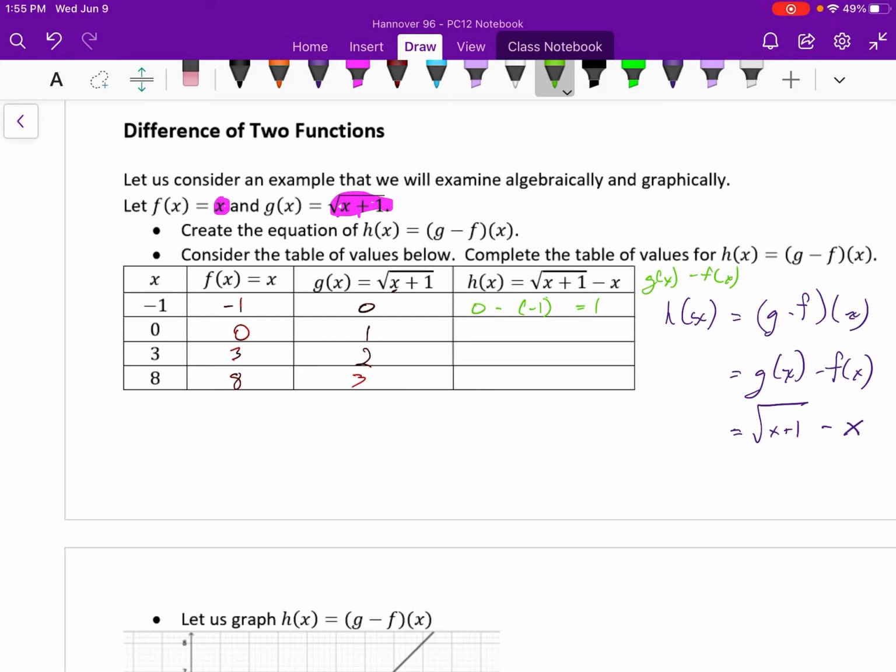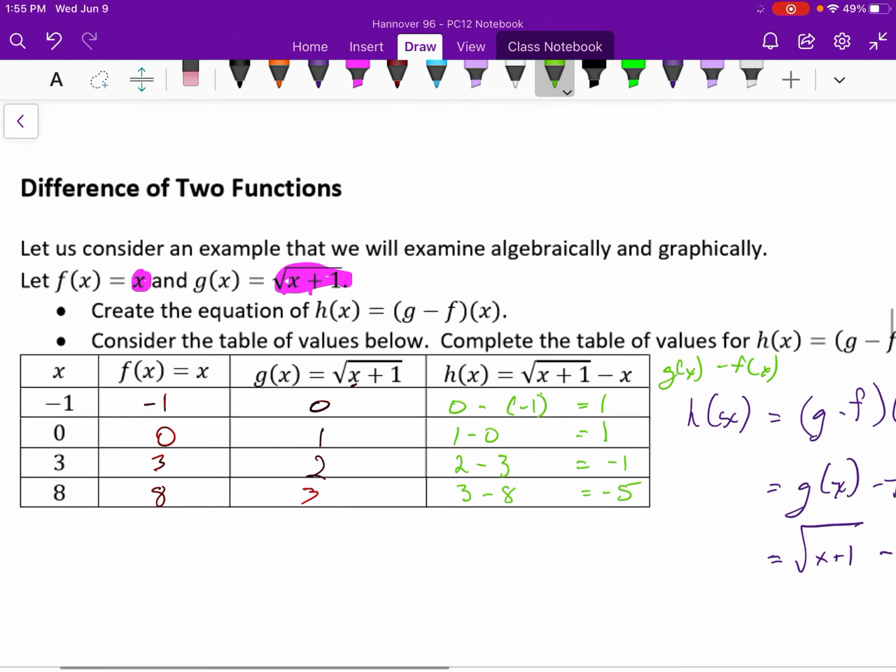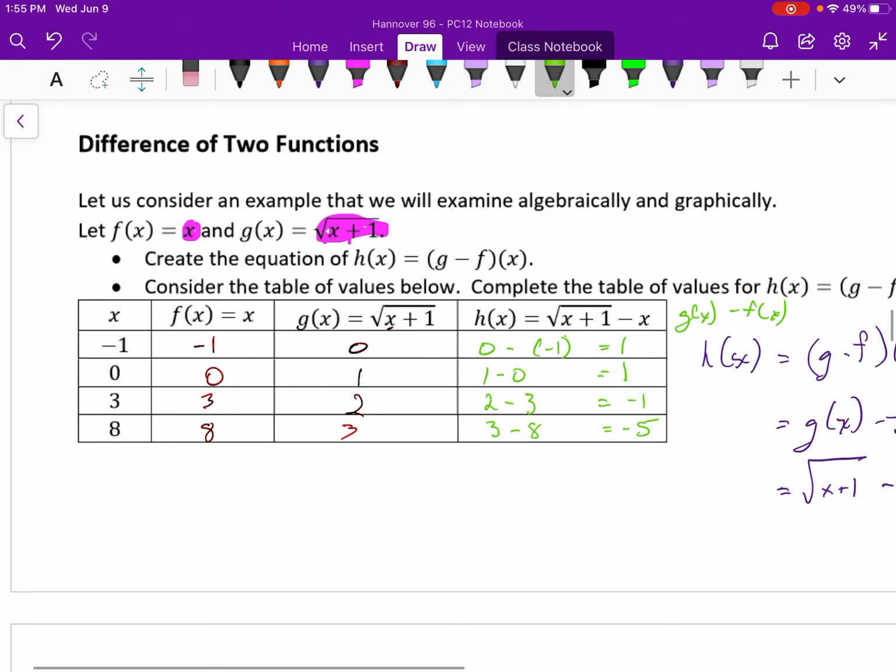Similarly, I could do this for the x value of 0, x value of 3, the x value of 8. So given these x values, I've created the y values for my h.